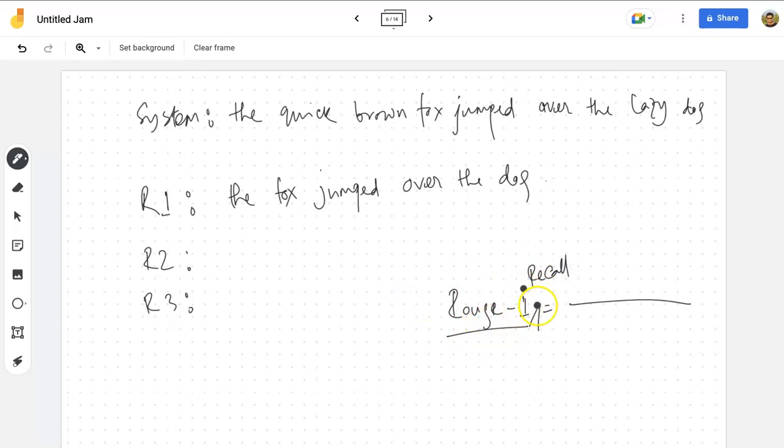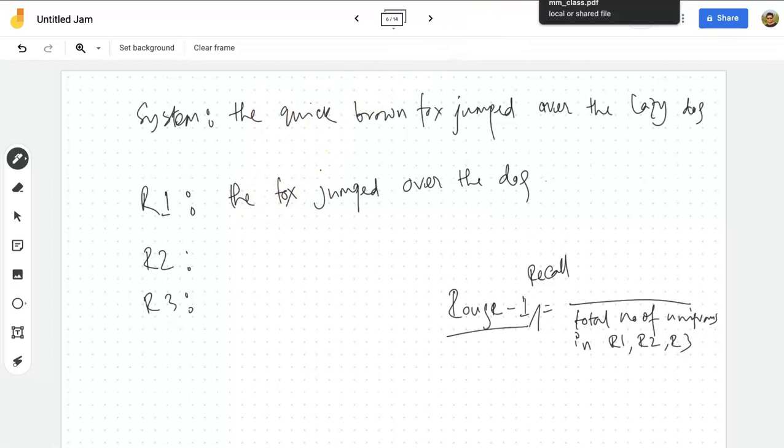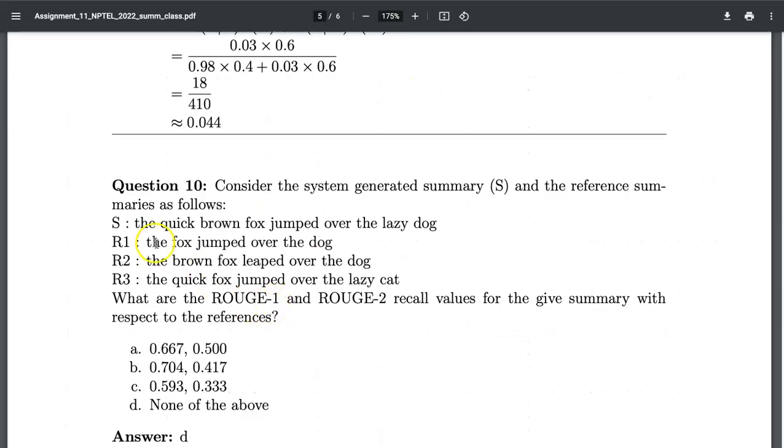So basically the denominator is the total number of unigrams in R1, R2 and R3. Let's count the unigrams: R1 has 6 unigrams, R2 has 7, and R3 has 8.